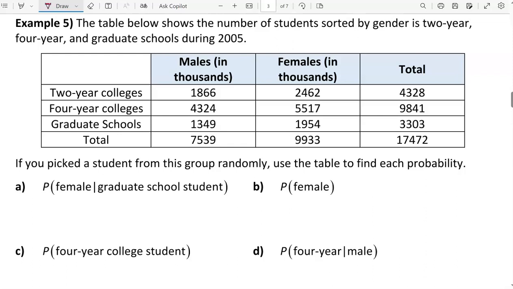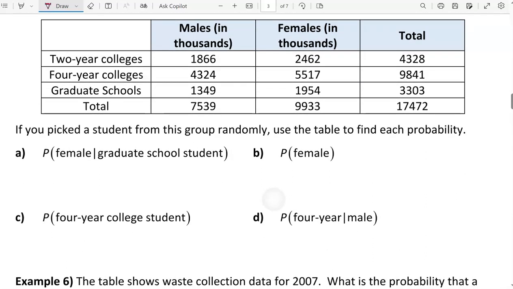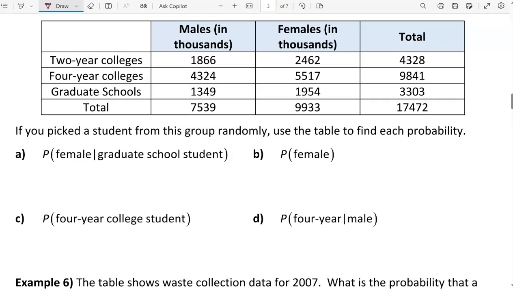This table shows the number of students sorted by gender in 2-year, 4-year, and graduate schools during 2005. If you pick a student randomly from this group, we want to use the table to find each probability. So the probability that you pick a female, given that you already know that this student is a graduate school student.